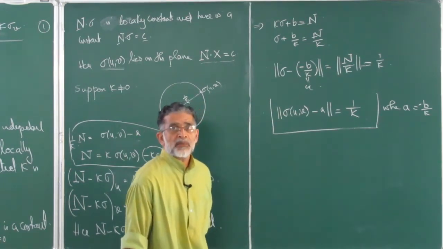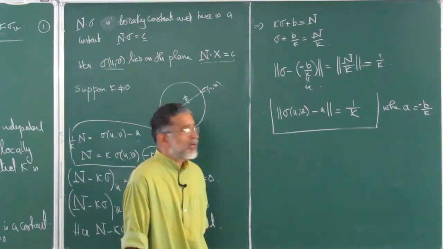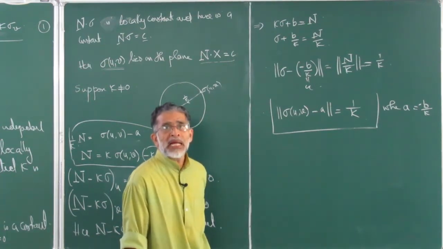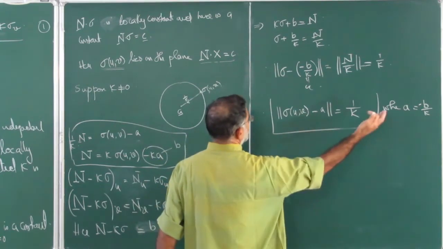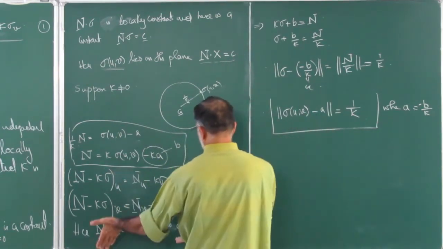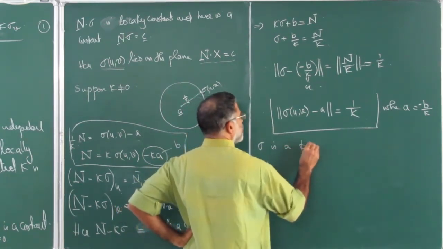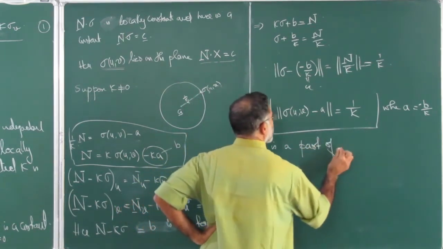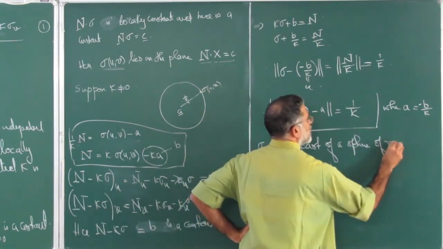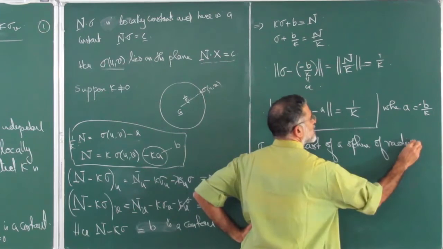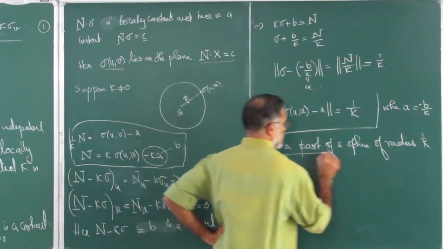That means sigma is a part of a sphere of radius 1 upon kappa and center this a. But that doesn't, because b itself is somehow obtained. Okay, so sigma is a part of a sphere of radius 1 upon kappa. So that proves this.